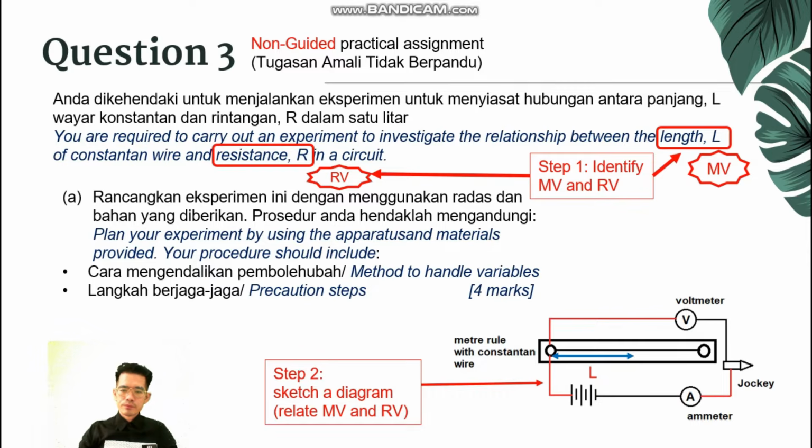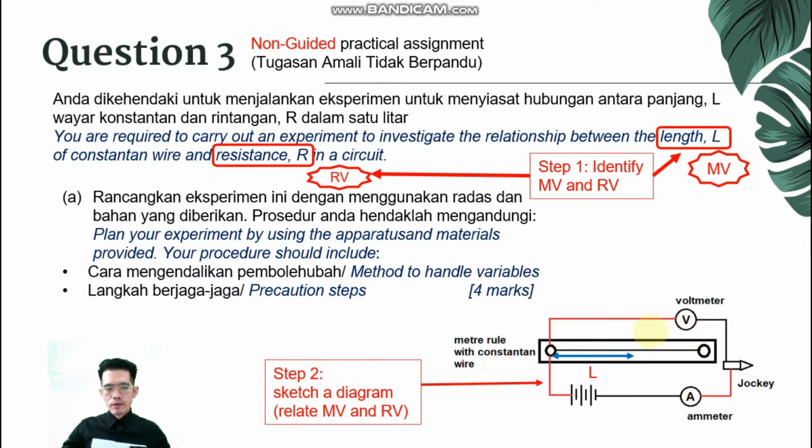The ammeter is connected in series. The red line represents the positive terminal and the black line represents the negative terminal. You can see the voltmeter is connected in parallel.